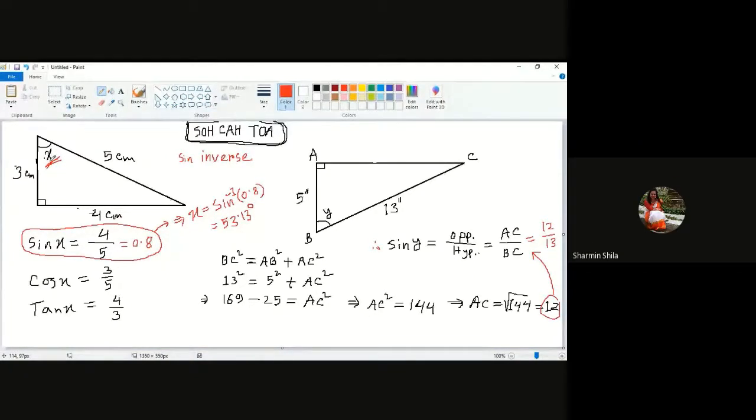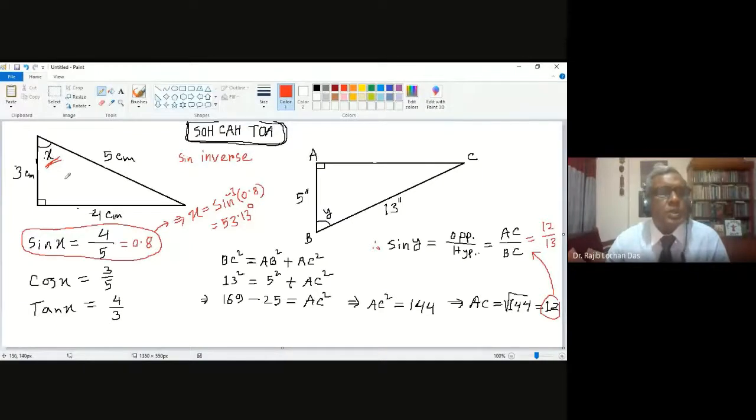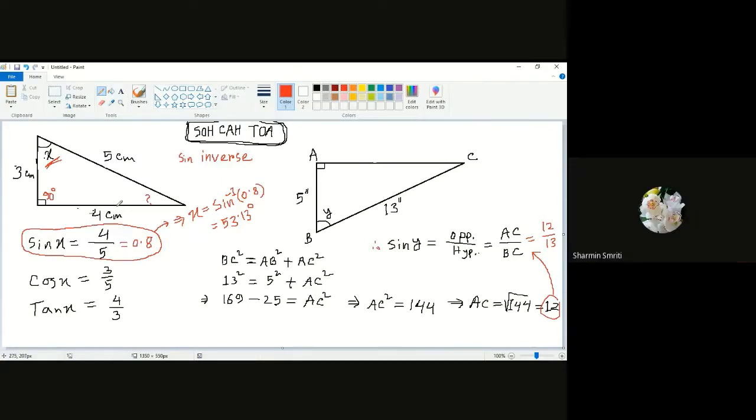Yes, sir, possible. So this one is 90 degree and one angle is 53 degree. Another one is less than 53. So what will be the third angle? Because altogether 180 degree, right?